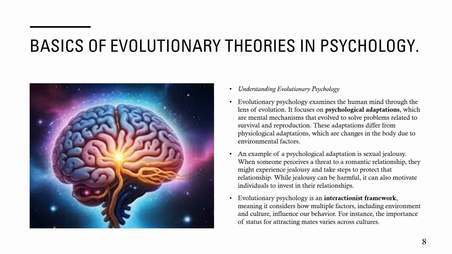An example of a psychological adaptation is sexual jealousy. When someone perceives a threat to a romantic relationship, they might experience jealousy and take actions to protect that relationship. While jealousy can be harmful, it can also motivate individuals to invest in their relationship.